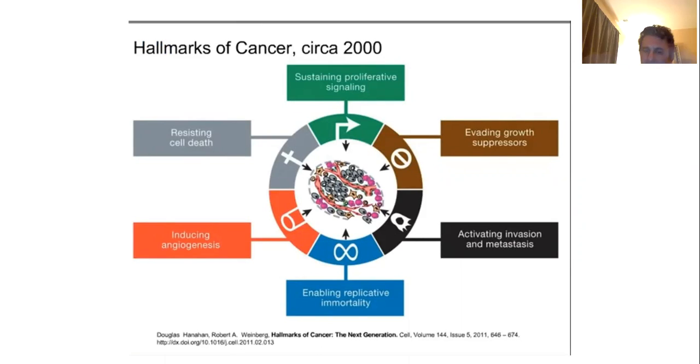In order for the cancer to emerge and become cancer from normal cells, those cells have to resist death, right?